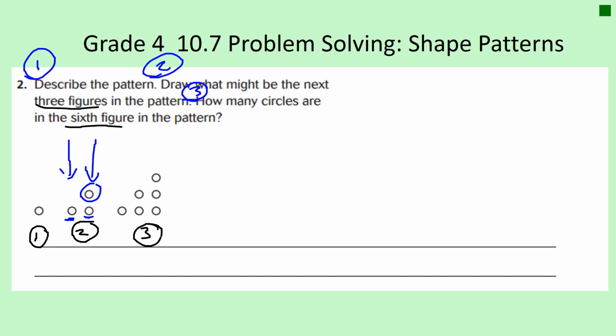Let's check it on the next pattern. So if that's what was already there, right? They added another column, and they added circles to the columns that were already there. Okay, so describe the pattern. Add 1 column.